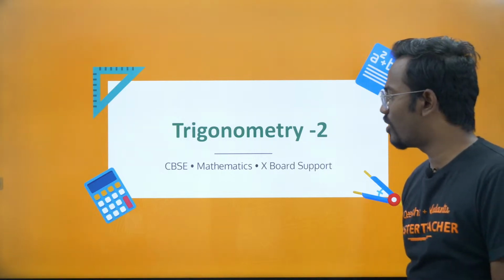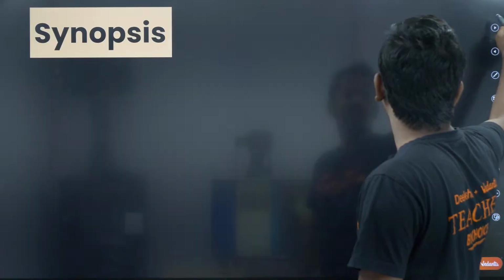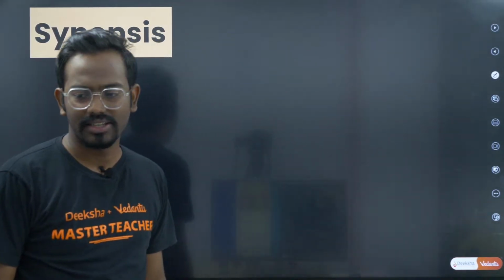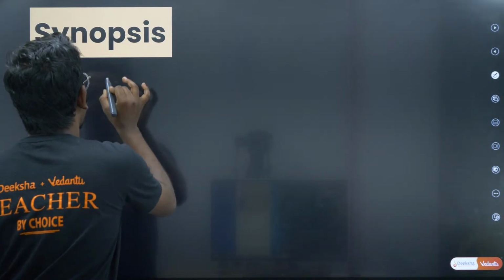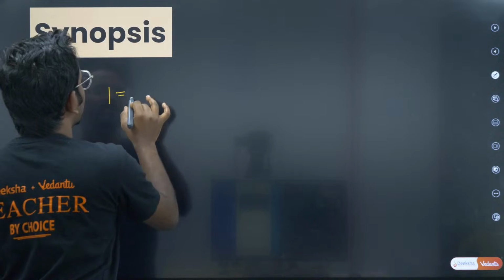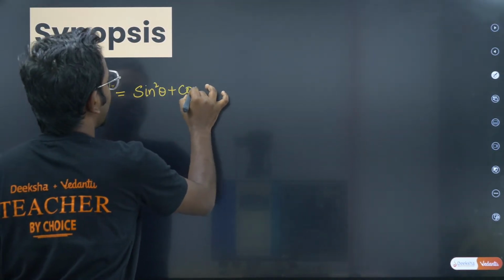I think I've finished all the synopsis in the last class. So again, let me take a small part of the synopsis which might be helpful for today's class. What can those be? The identities. I'll write them in this way. 1 is equal to sin square theta plus cos square theta.